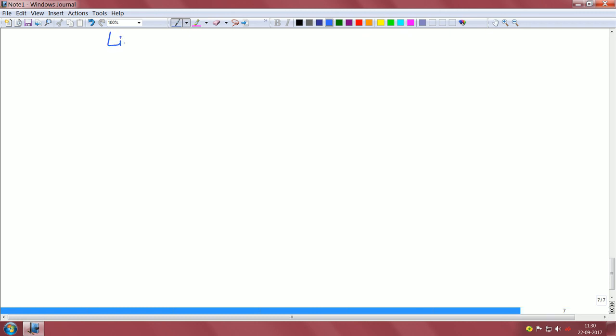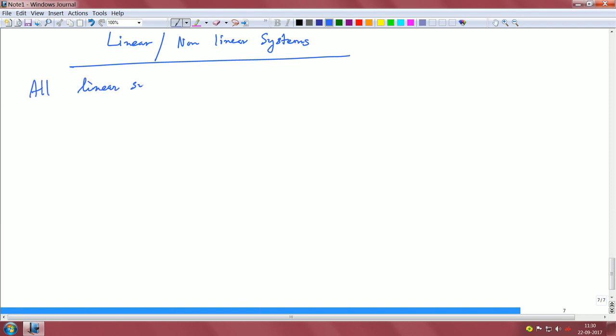So, there is this notion of linear versus non-linear systems, and this is something really important in signal processing. So, all linear systems abide by something called the superposition principle.